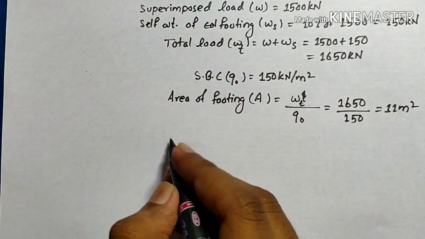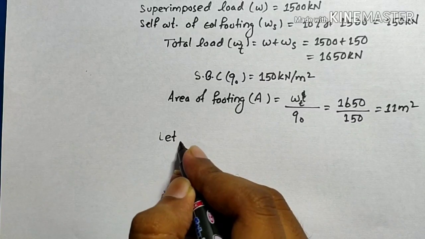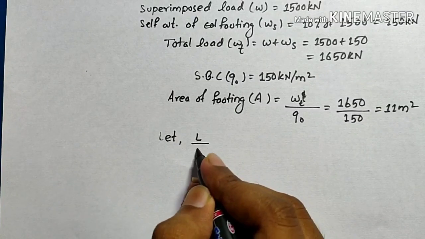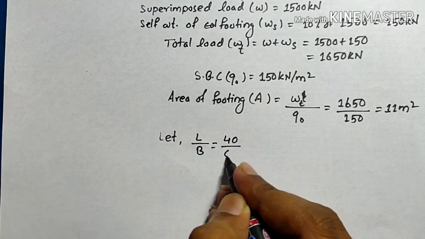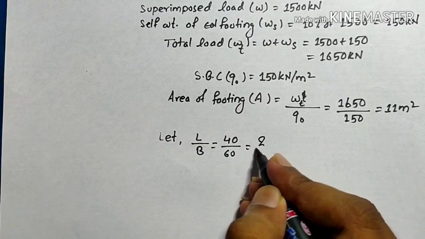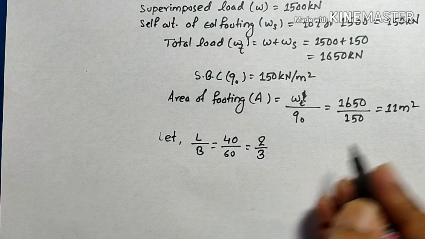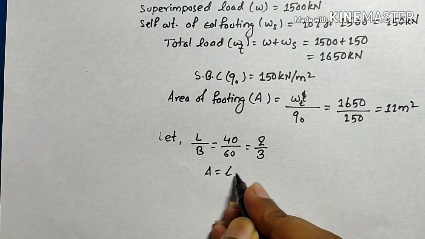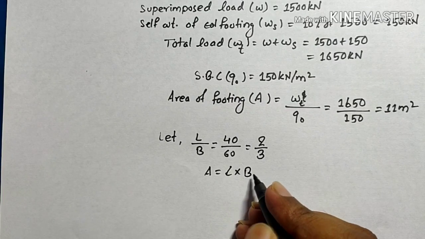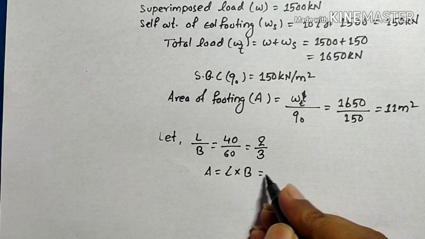And let us assume that the ratio of shorter span to the longer span is equal to 40 upon 60, which will be equal to 2 by 3. Now we have got the area, and we know that area equals to L into B for rectangle. So put the value here.